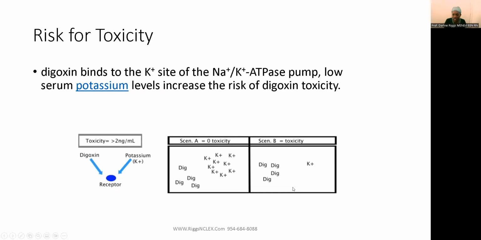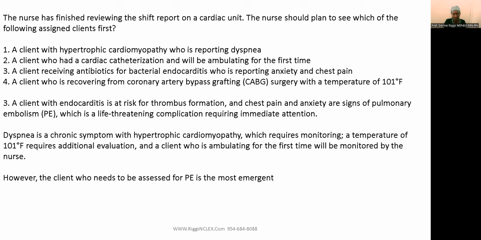If you have too much DIG and not enough potassium to bind equally to these pumps, too much of the drug binds to the receptor and then they get toxic on the drug. That's why you always want a potassium level within a therapeutic range whenever a client is on digoxin.